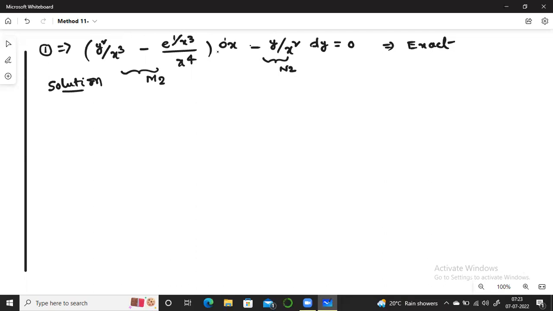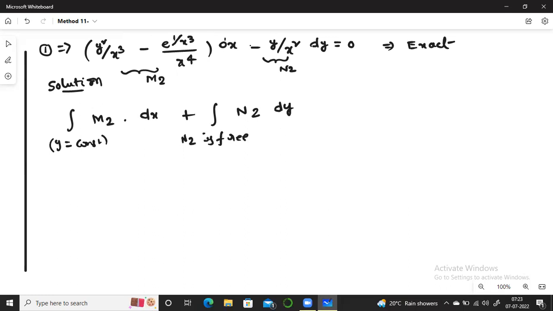So the integration of M formula is integration of M2 dx, y should be constant, plus integration of N2 dy. N2 is free from x terms. So it is equal to some constant, one arbitrary constant.